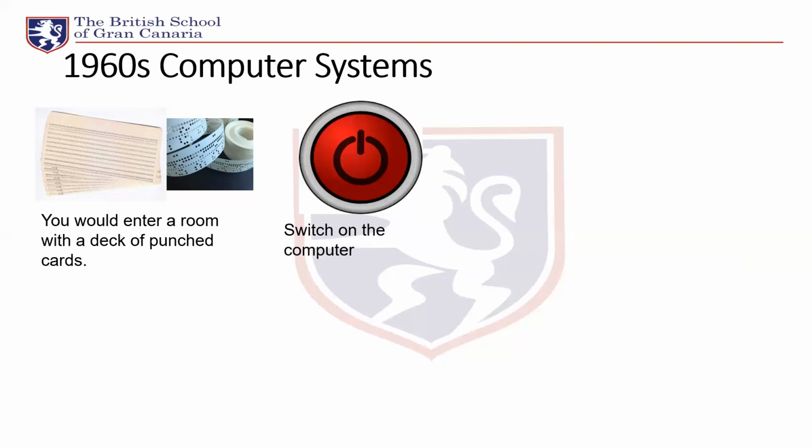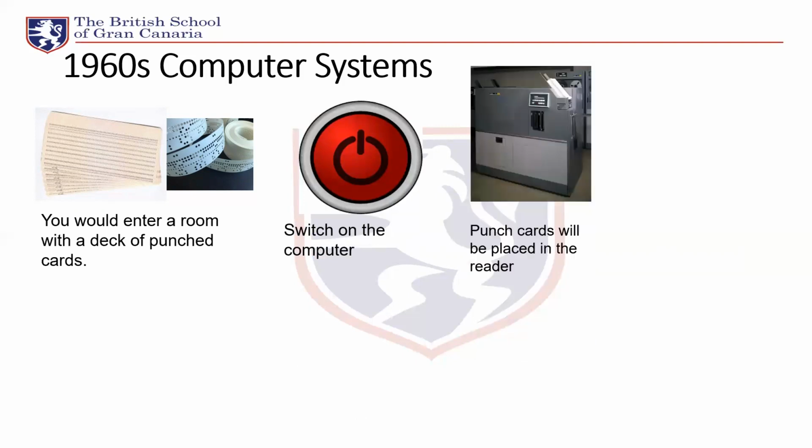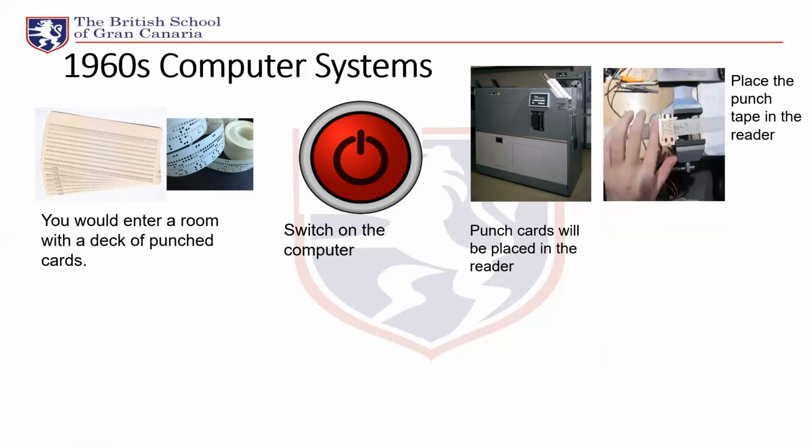You would switch the computer on, then the punch cards would be placed in the reader, which is around here. And you notice something? No touch screen, no monitor. Then you place the punch tape in the reader, as you can see here.